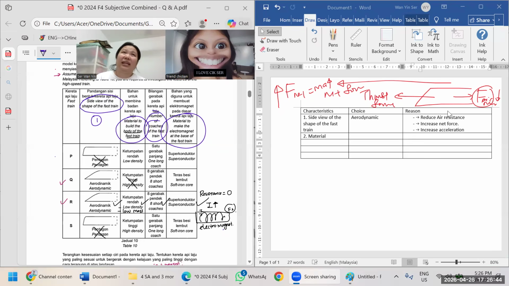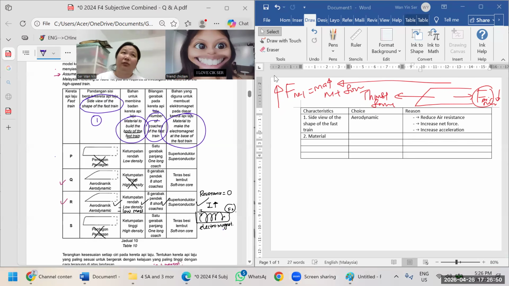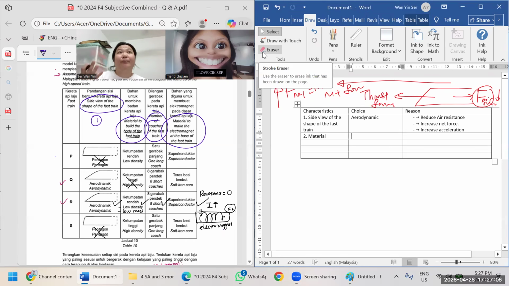The question can write anything actually, but we better follow the textbook, air resistance. Right now, for the reason, please write at least 2 reasons. If let's say you get one wrong, we teachers still have a backup to find the marks for you. Okay.